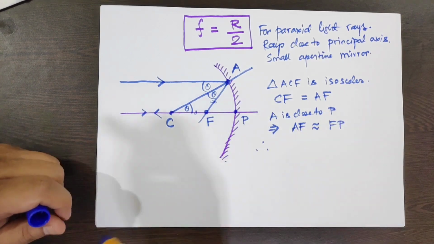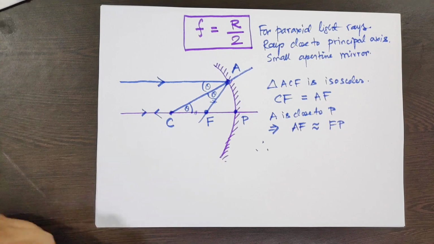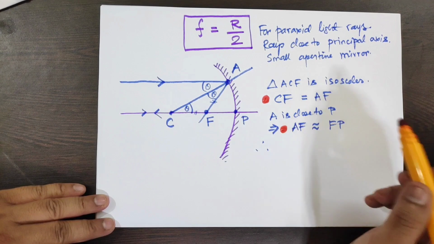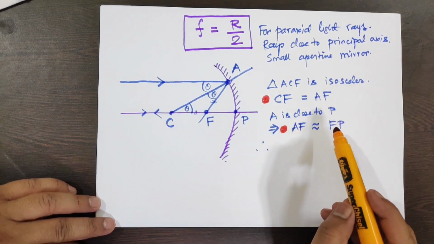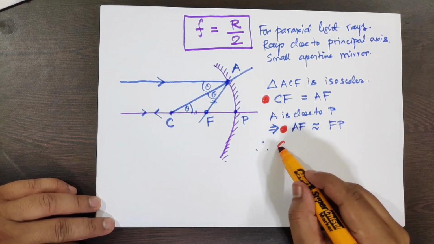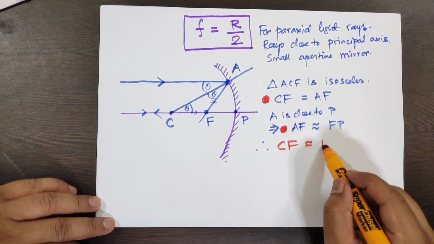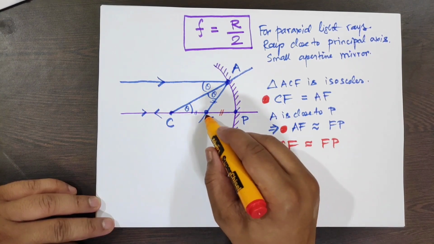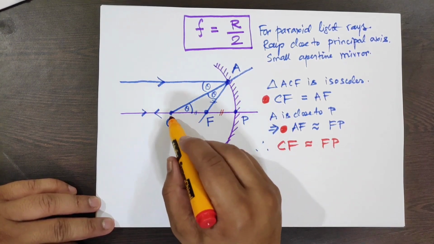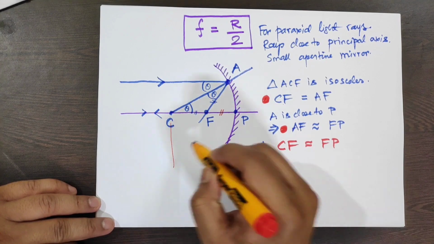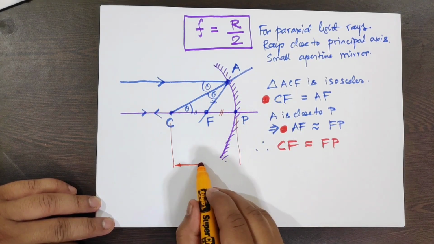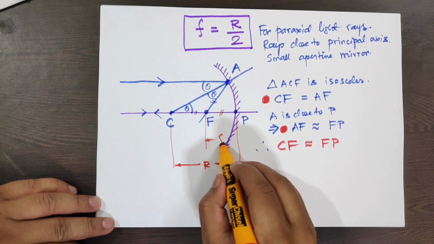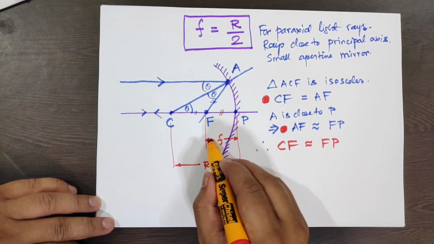Therefore, from these two conditions, we can say that CF is nearly equal to FP. That means these two are equal. So the focus is halfway between the center and the pole. The center of curvature and the pole, these distances are radius of curvature, and focus to pole is focal length.